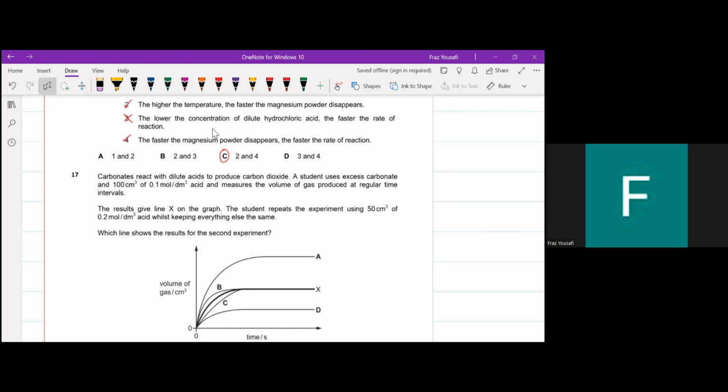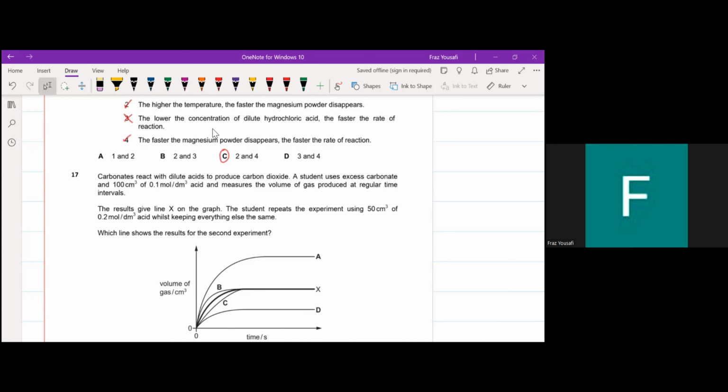Now, here's the thing. The carbonate is in excess. So what they've done is they've conducted the first experiment, labeled X, where they used 100 centimeters cubed of 0.1 molar. The second time, they lower the volume, but they double the concentration. The number of moles remains exactly the same.